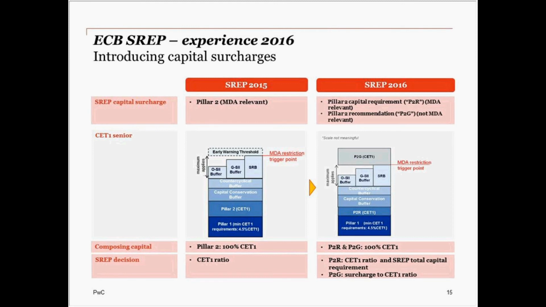The most important difference between the capital requirement, P2R, and Pillar 2 guidance is that in phases of stress, banks are not necessarily obliged to adhere to the Pillar 2 guidance. So capital can fall below Pillar 2 guidance, and then banks after that stress phase are required to build up Pillar 2 guidance again.